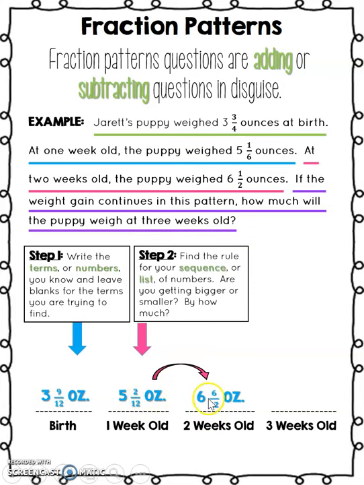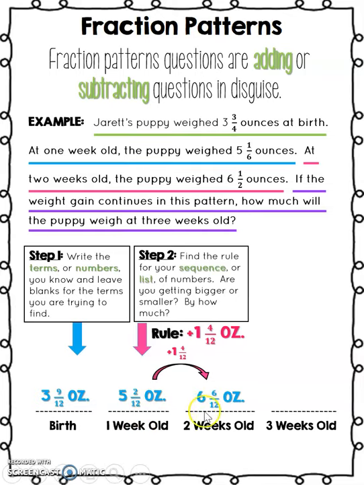That's an increase of 4/12. And then in my whole number part, I go from 5 to 6. That's an increase of one whole number. So that means my rule is going to be adding 1 and 4/12 ounces every time I jump up a week.